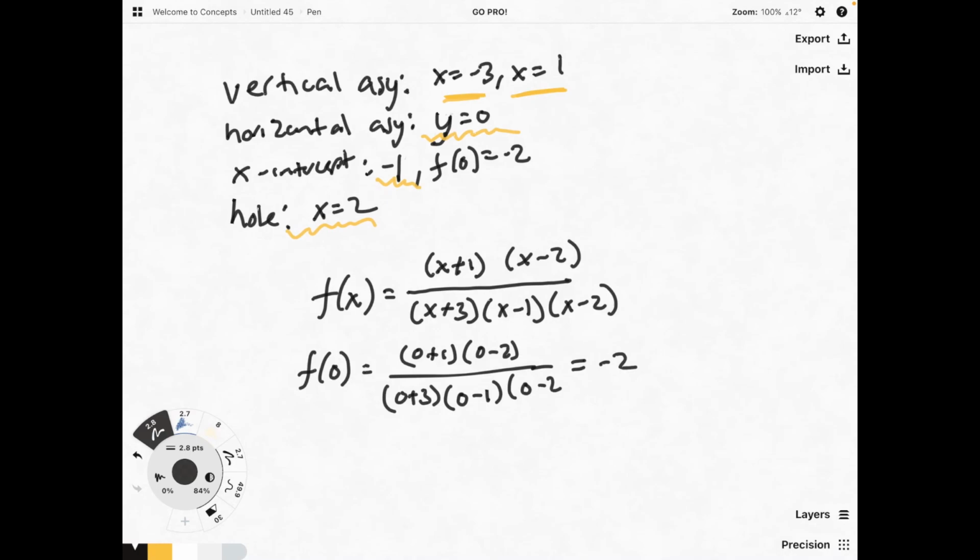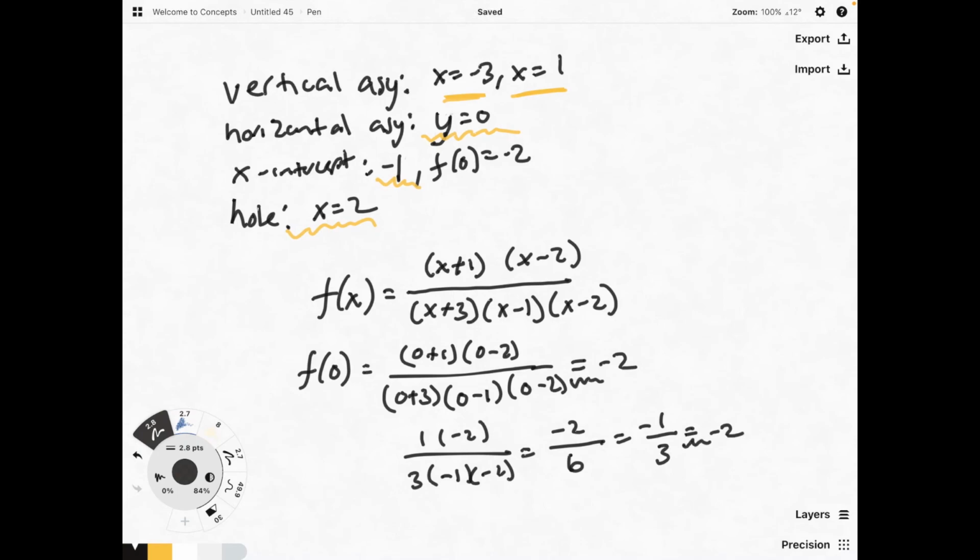In this case, we simplify, we get 1 multiplied by -2, and we get 3 multiplied by -1 multiplied by a -2. We get -2 divided by a +6, which is equal to a -1 divided by 3. And we're trying to get this equal to a -2. So how do we do that?